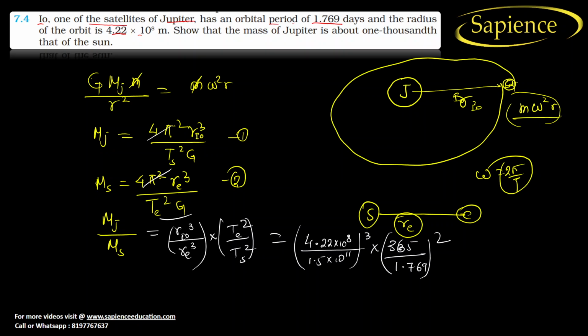Finally, when we evaluate this, the mass of Jupiter is equal to 1 by 1045 times the mass of the sun. So I hope you have understood this question. Thank you.